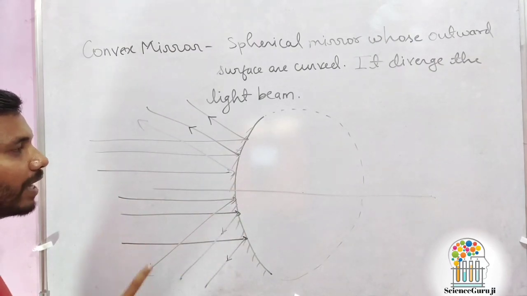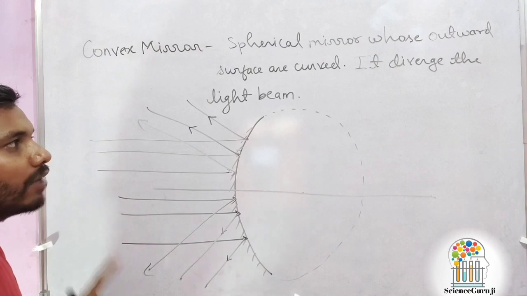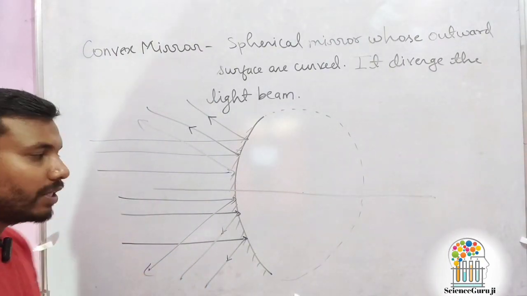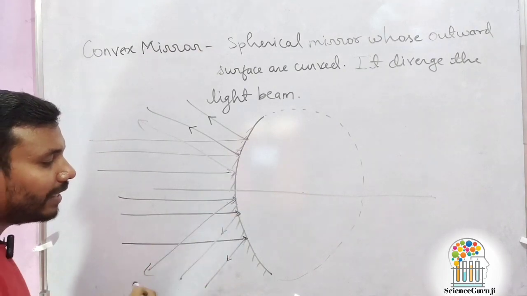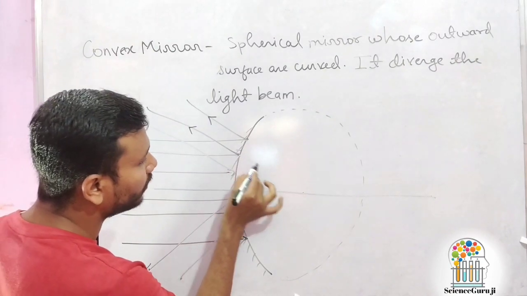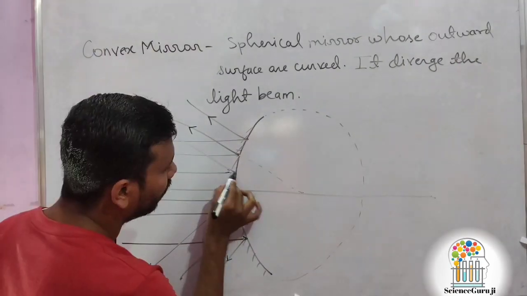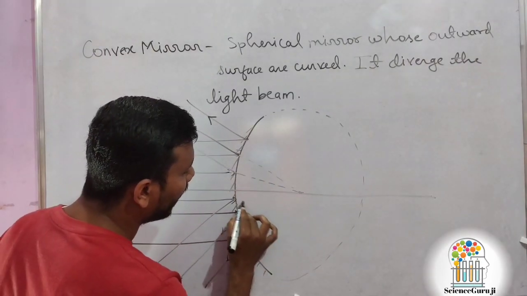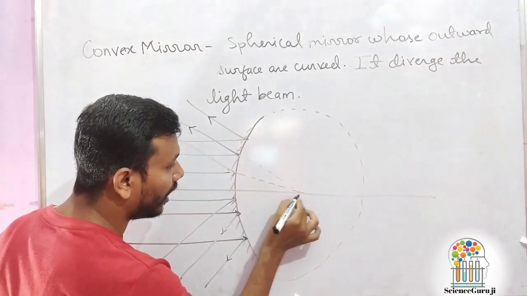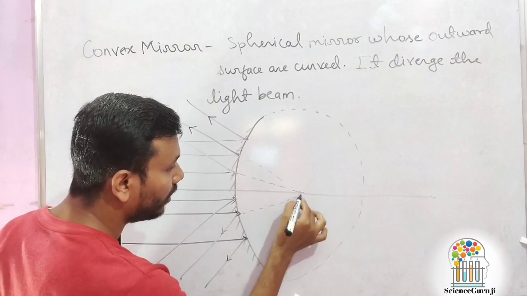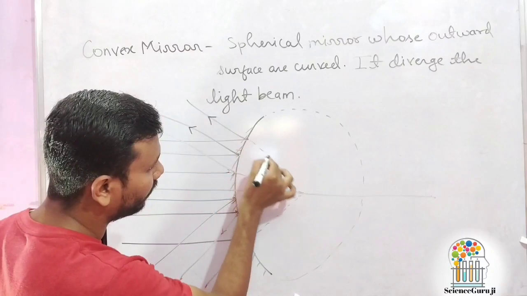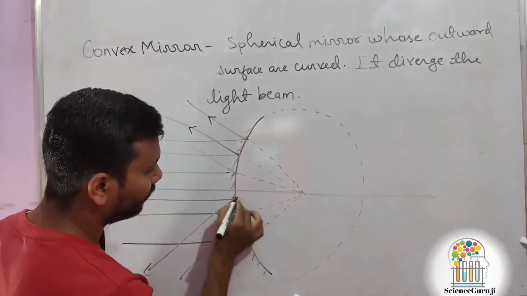This type of light just diverges after striking the surface, and the image formed is always virtual. It means it is behind the mirror. The image formed here is all behind the mirror.